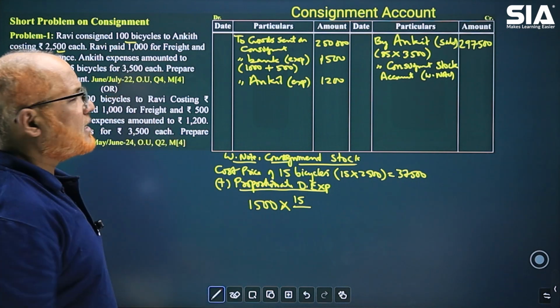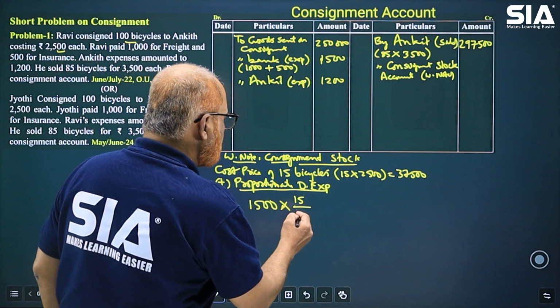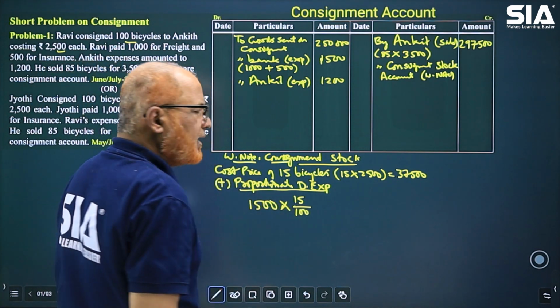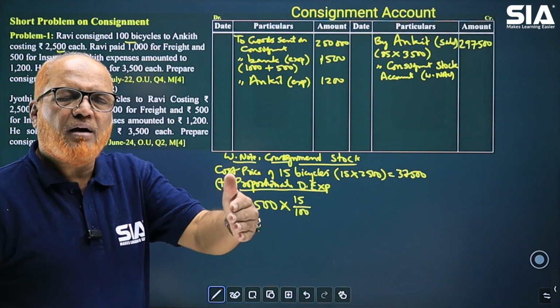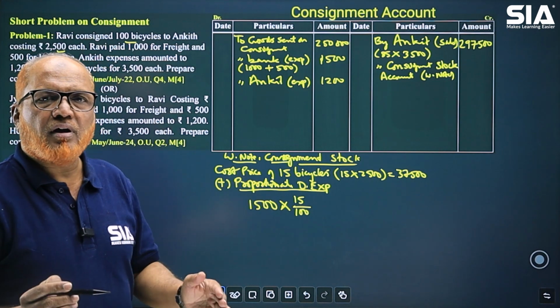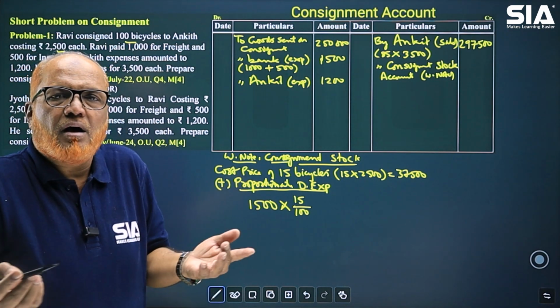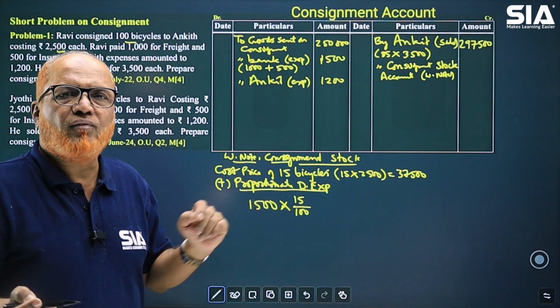Ravi has consigned 100 bicycles. So out of 100, 15 are remaining unsold. So divided by 100. In other words, for sending 100 bicycles, he spent 1,500. For remaining 15 bicycles, how much? So out of 100, we need for 15.